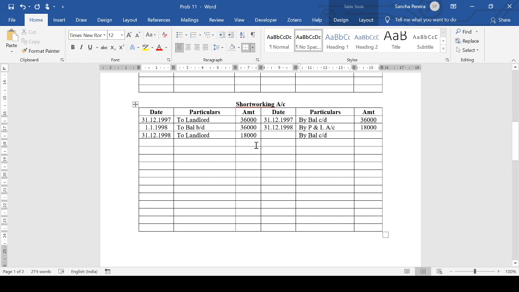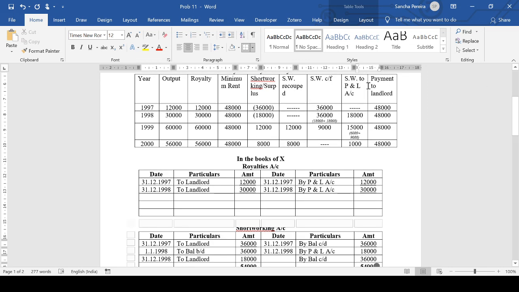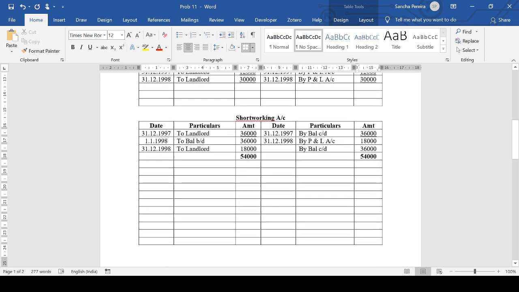So the total here is 36 plus 18, 54,000. And the balance carried down will be 54 minus 18, that is 36,000. So if you see, your balance carried forward is actually 36,000 in the second. Okay, so that has to tally.